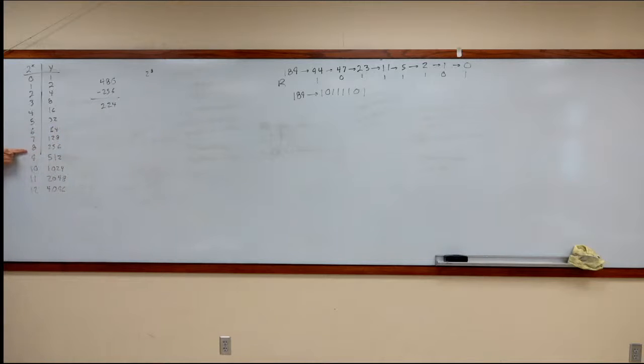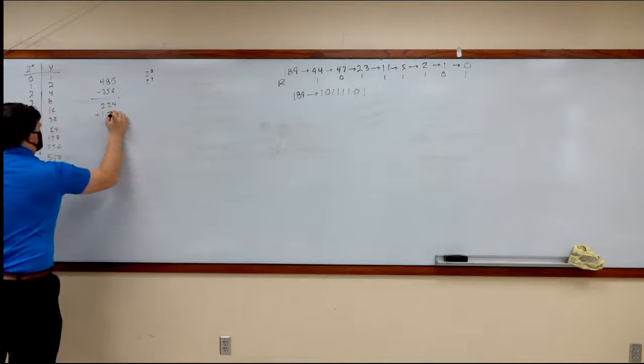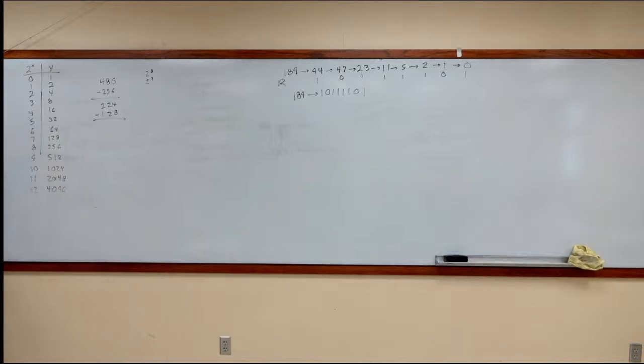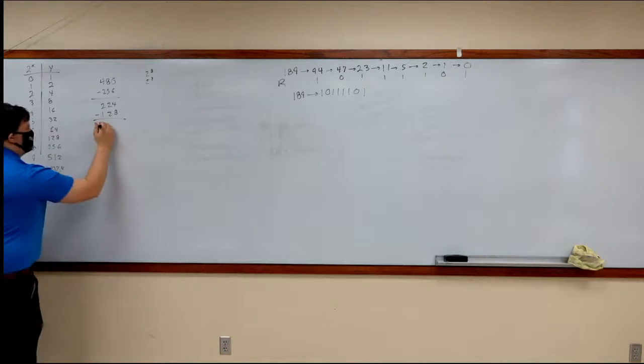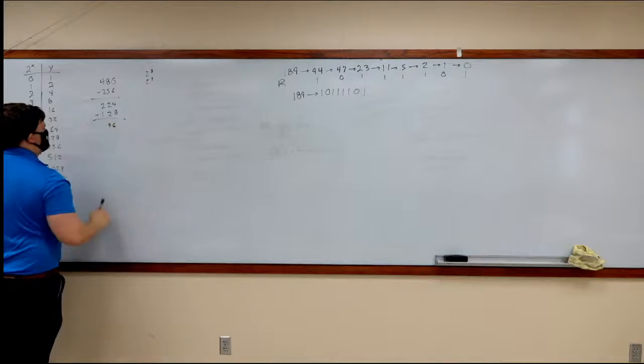We then look for the next smaller number that could make up 224. Here it's 128. So 128 is 2 to the 7th. So minus 128, 224 minus 128 is equal to 96.